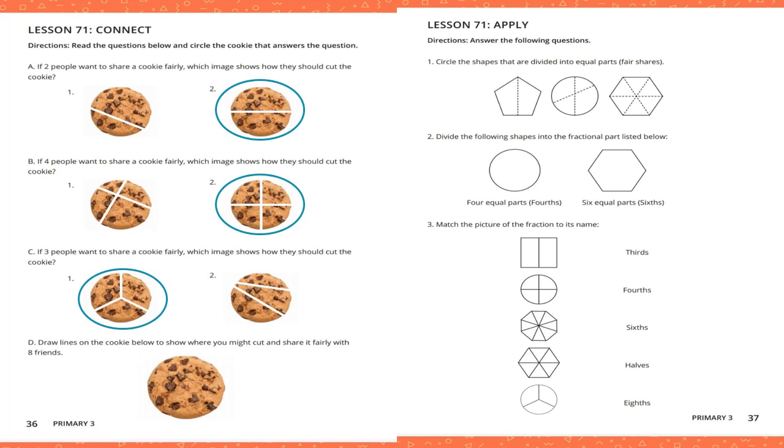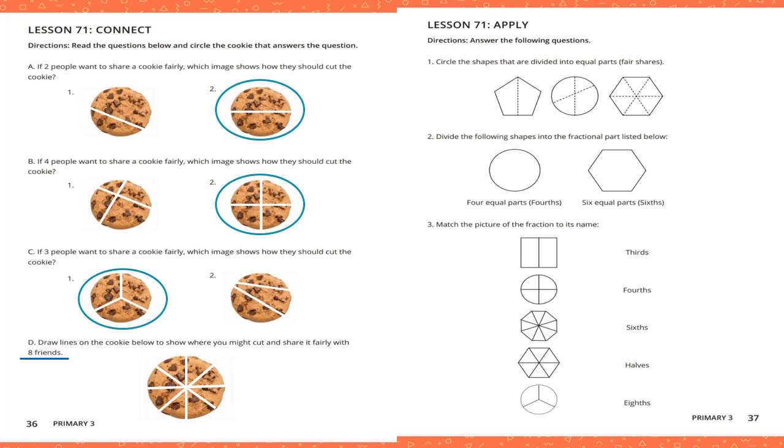Here he wants me to draw lines on the cookie below to show where you might cut and share it fairly with 8 friends. I have 8 friends. So I must divide it fairly or equally, like this.